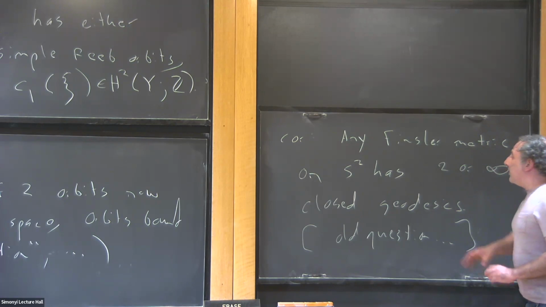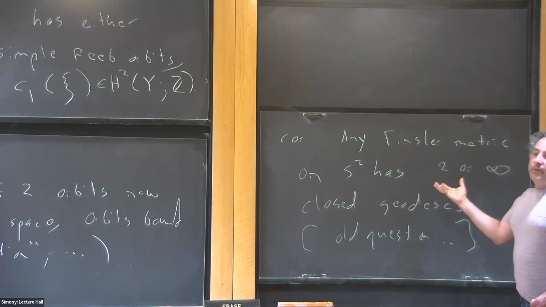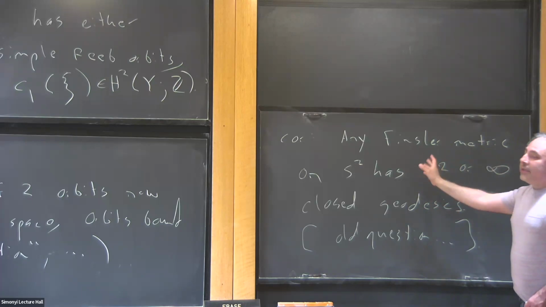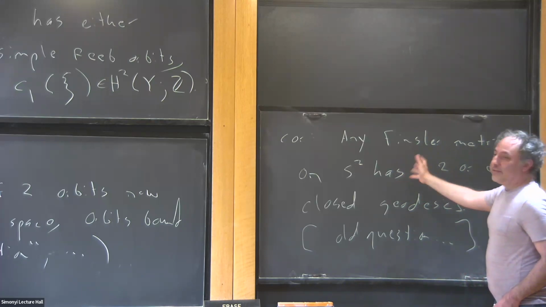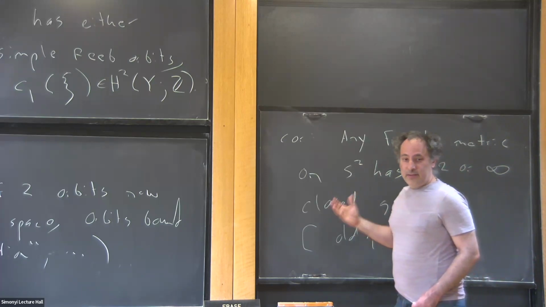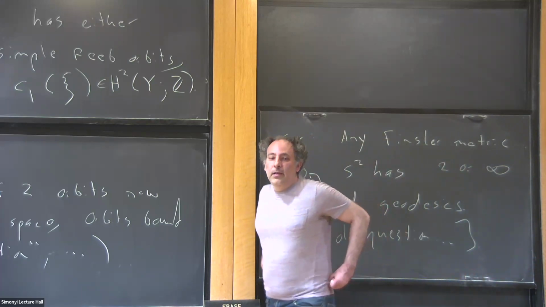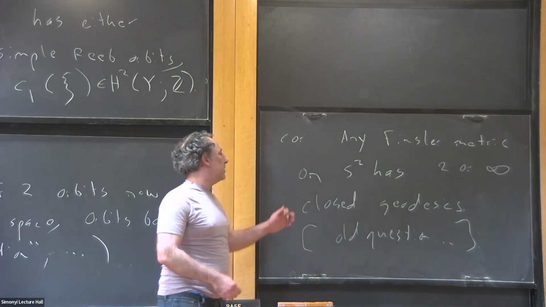In the Riemannian case, every metric has infinitely many closed orbits. That you can have Finsler metrics with just two closed geodesics is an interesting difference between Finsler geometry and the Riemannian case. So this has interest in Finsler geometry.